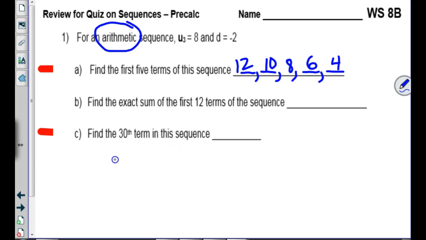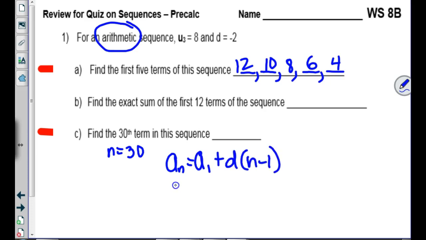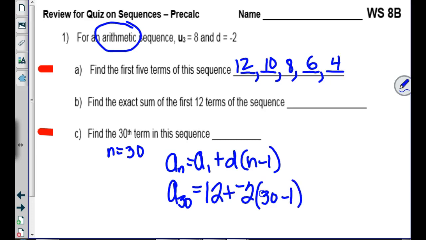So a sub 30 would be 12 plus negative 2 times 30 minus 1, or 29. 29 times negative 2, I think, is 58. Anybody getting negative 46 for this? Or am I? Okay. Any questions about that?